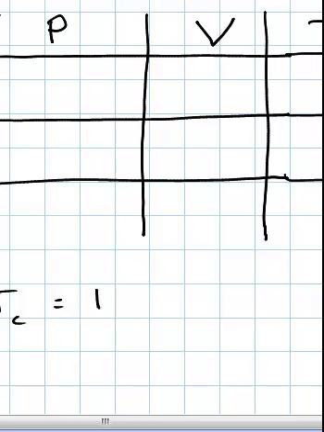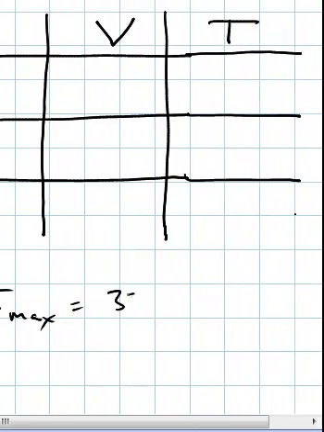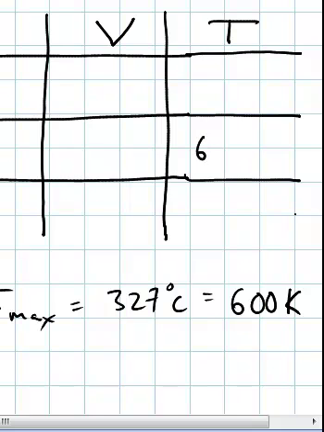That's our maximum temperature. And that was given: 327 degrees Celsius, which is 600 Kelvin. So I'll go ahead and pencil those in. Let's see, we've got the temperature at B is 600 Kelvin. The temperature at C is 600 Kelvin.